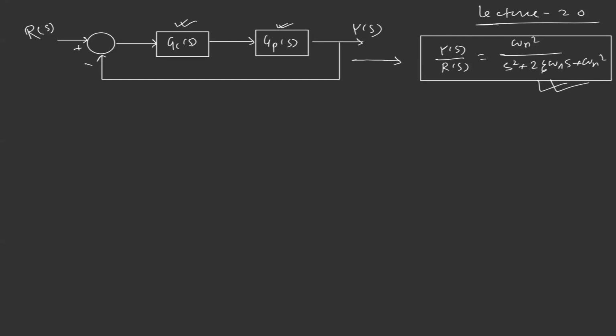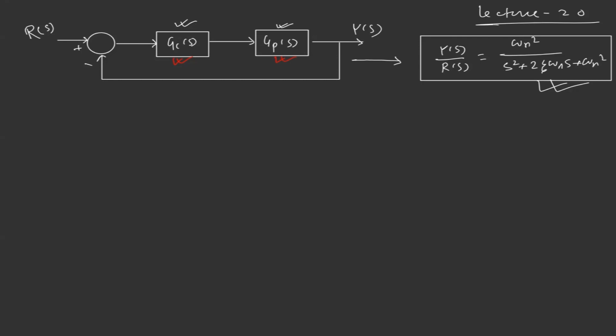Now, before we design the control algorithm GC of S, how can we comment on whether the plant is stable or not, whether all the poles are on the left hand side or right hand side, or any of the poles lies on left or right. So based on the location of the poles of the transfer function, we can comment on the stability.